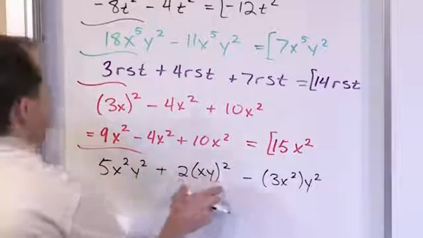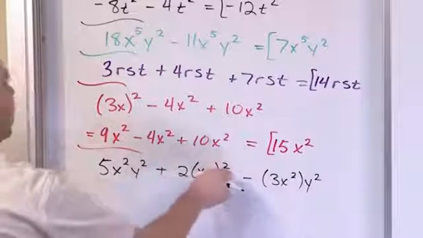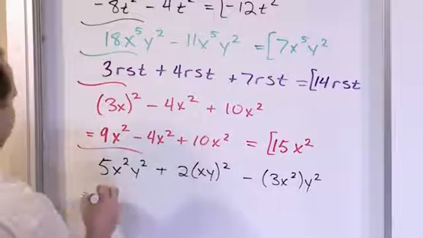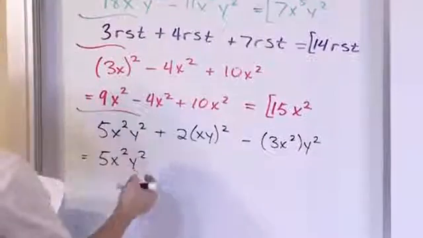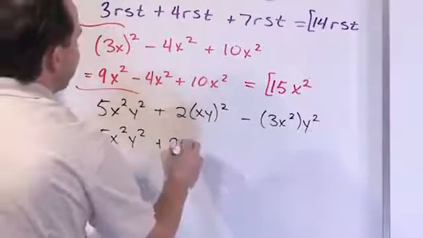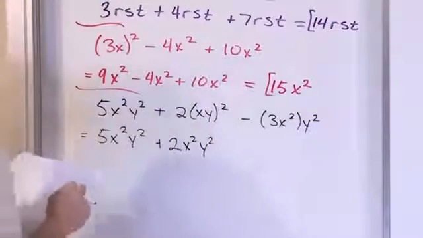We know here that when we have a parenthesis with things inside of it and the exponent is outside, that applies to both, we just apply the exponent to both cases. So what we're going to have is 5x squared y squared, this just stays along for the ride, plus 2. X, with the exponent applied, is x squared. Y squared, because y also has the exponent applied.